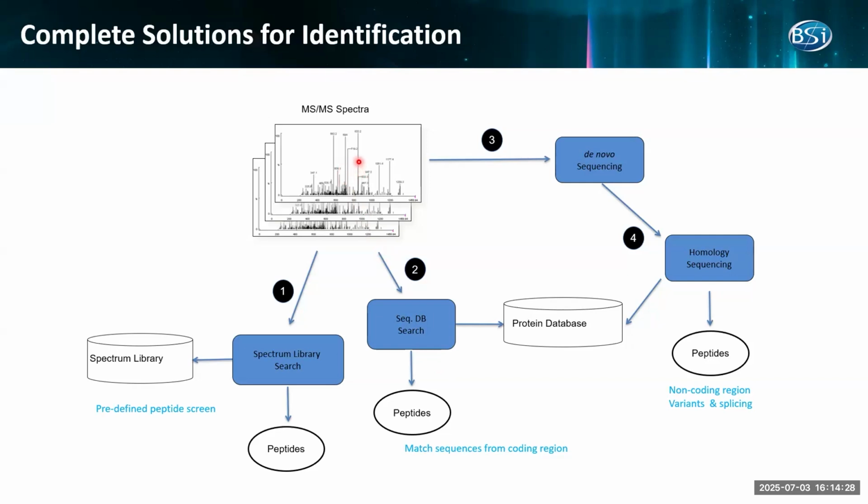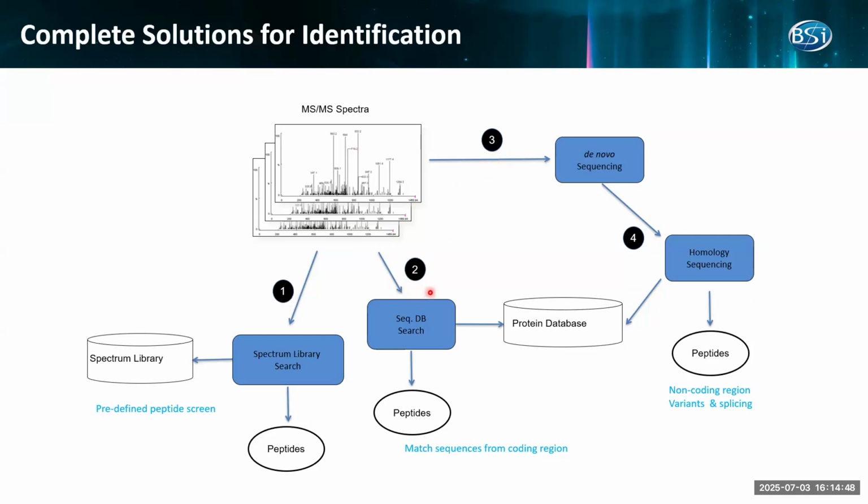Or we can directly use de novo: given the spectrum, come up with a sequence which best matches this spectrum. Those are the three most common methodologies, with DDA and DIA.